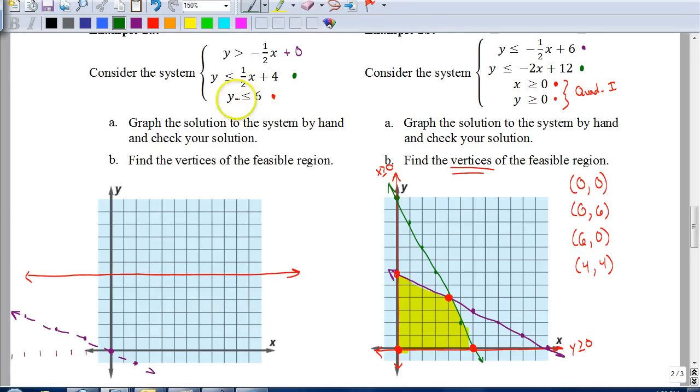But now let's draw this other line. y is less than or equal to 1/2 x plus 4. So my y-intercept is 4: 1, 2, 3, 4. My slope is a positive 1/2, so up 1 over 2, up 1 over 2. Or if I'm going to go backwards, I'd go down 1 and to the left 2, down 1 and to the left 2, down 1 and to the left 2. And this we would use a solid line.